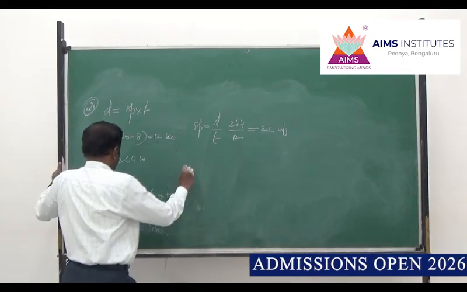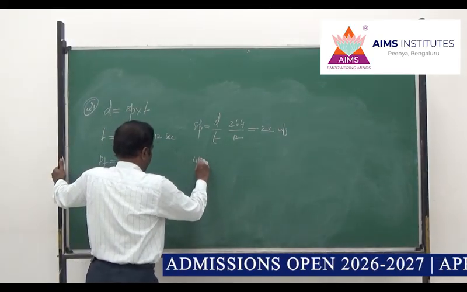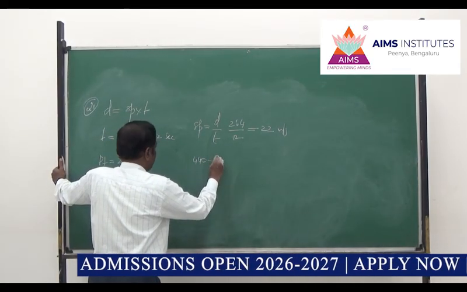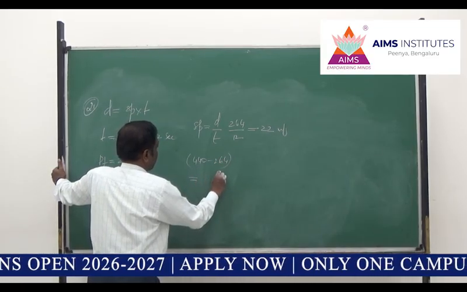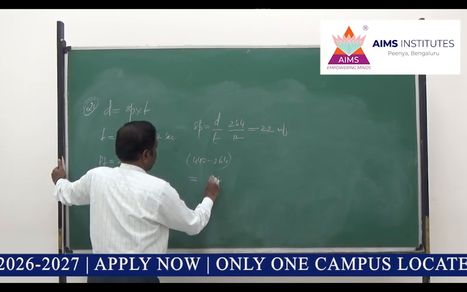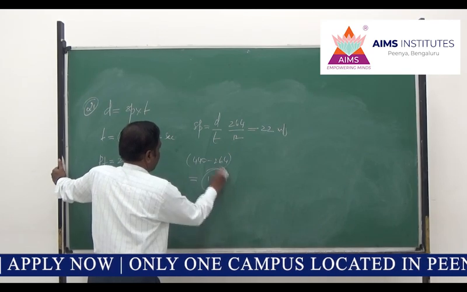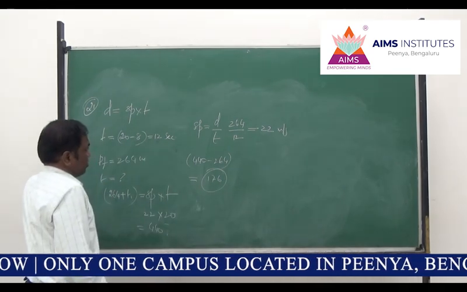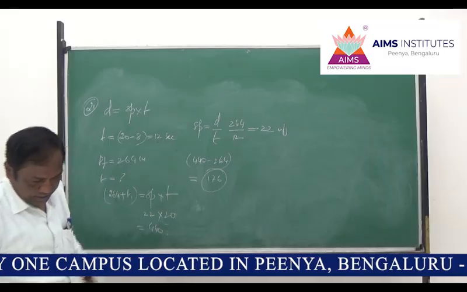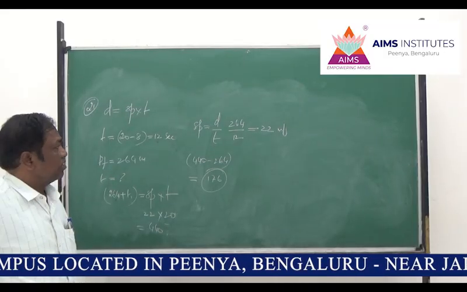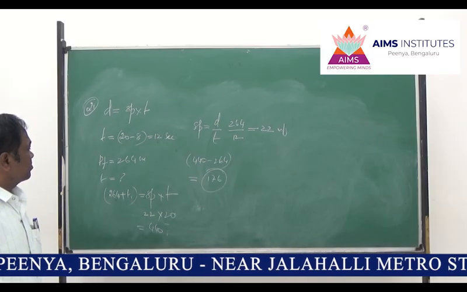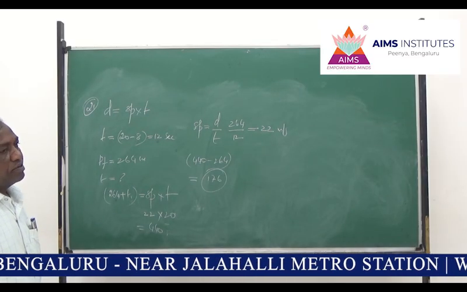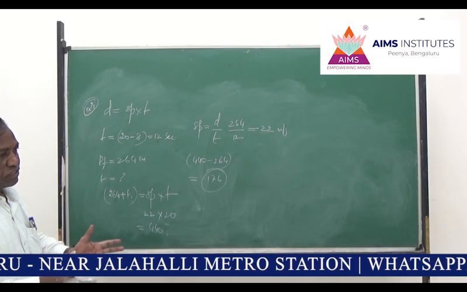Now we can take 440 minus 264, 176. 176. Option B. This is it. I think two structures are involved here.